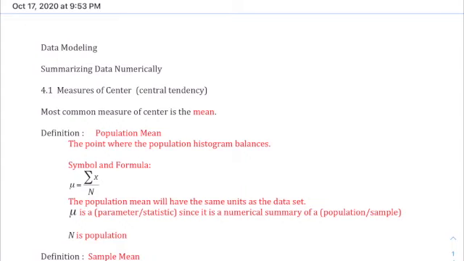One of them is the population mean, which is the point where the population histogram balances. The symbol and formula: mu, the little guy shaped like a U, equals summation x. Summation means adding every single thing related to x together.